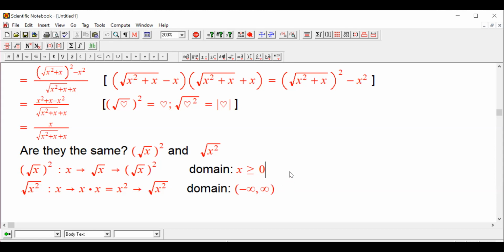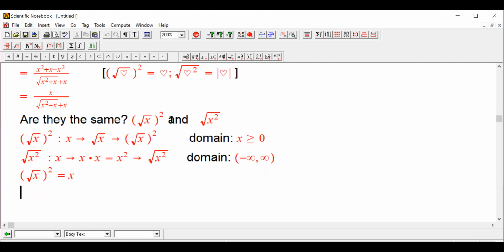So that difference makes a big difference. When we see the first one, by default, we know that to operate on this rule, x has to be greater than or equal to 0, because we can only operate in the domain. So the answer is going to be x.